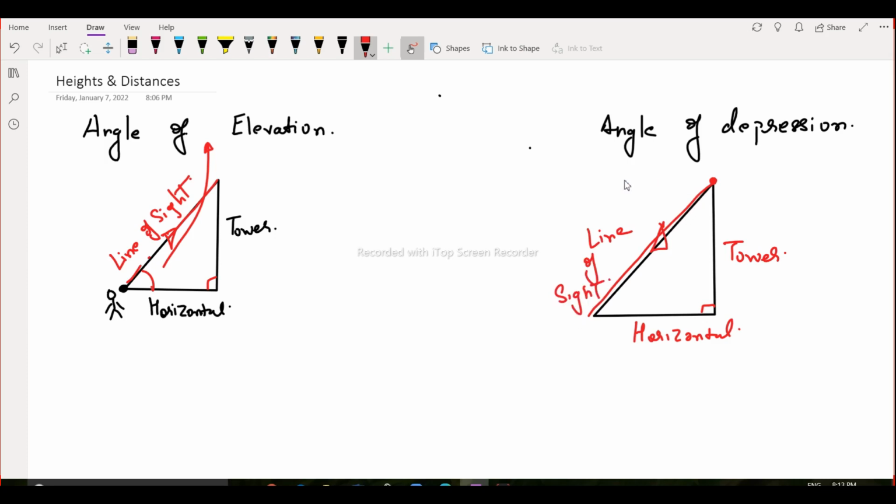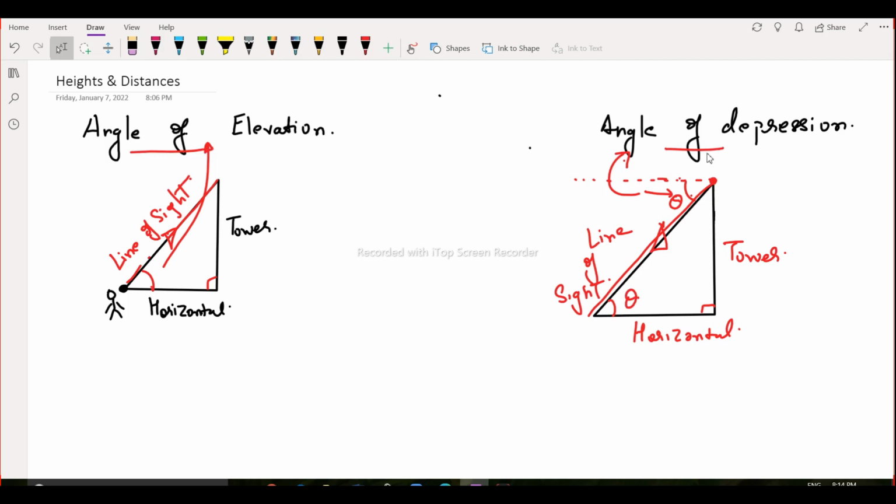However, this time the angle which he makes is with this horizontal, the dotted line, and this will be known as angle of depression. If I take this angle as theta, we can use the concept of alternate angles, and we can say this is also theta. So we have angle of elevation and angle of depression.